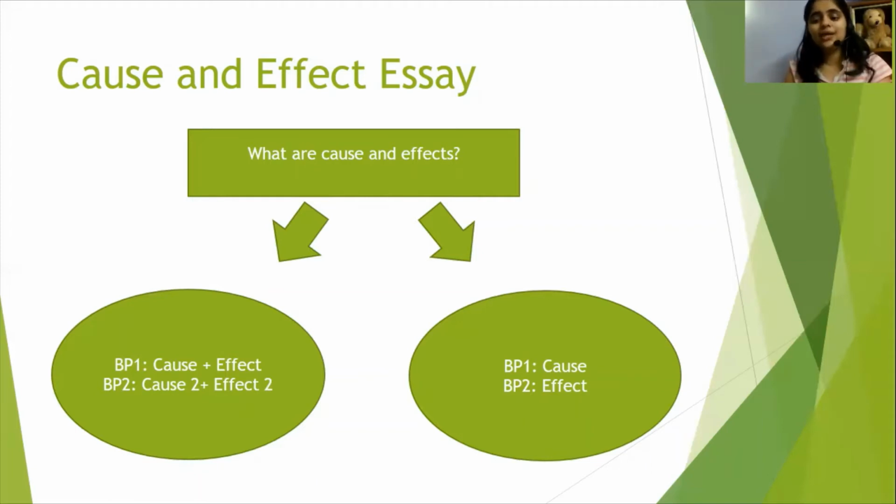The second way is, in the body paragraph, explain the cause. For example, we were talking about air pollution. So in the first body paragraph, just give the cause that the population is increasing.